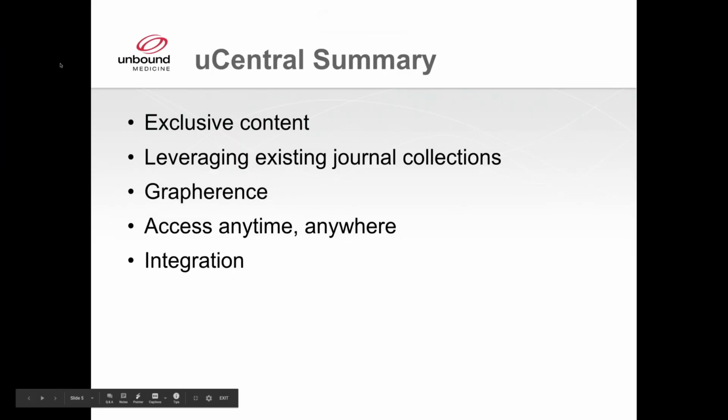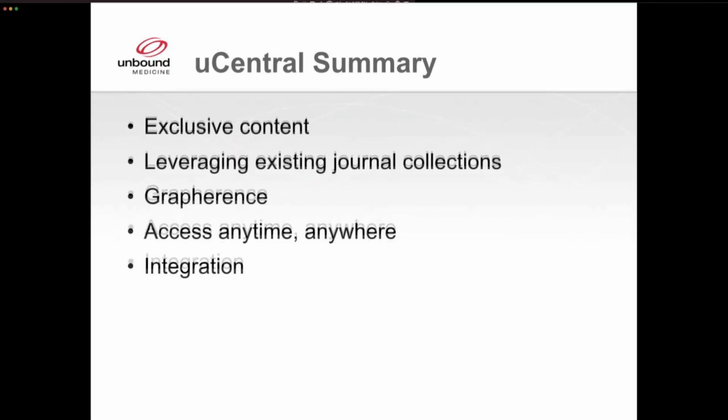With that, we prefer to use our exclusive content as well as leveraging your journal collections to then combine it with exclusive features such as Grapherence to help get the most out of uCentral.